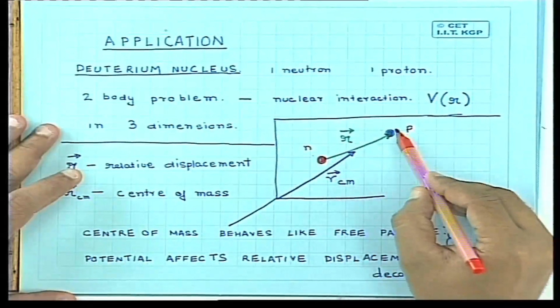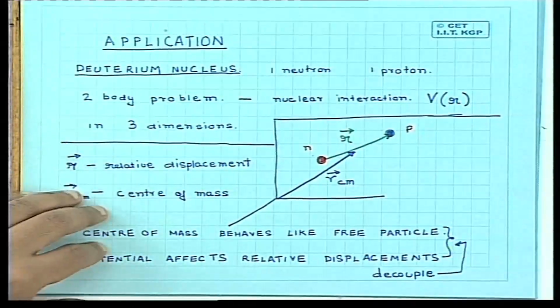So starting from this two-body problem, you can show that it decouples into two one-body problems. One being the motion of the center of mass, which behaves like a free particle, and the other is the motion of the relative displacement.